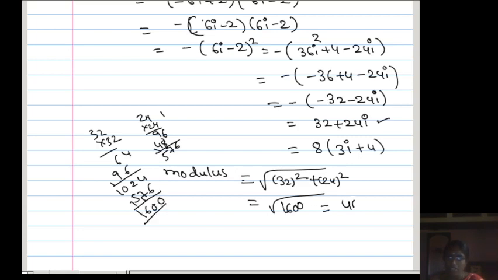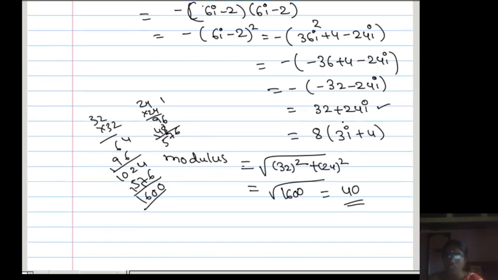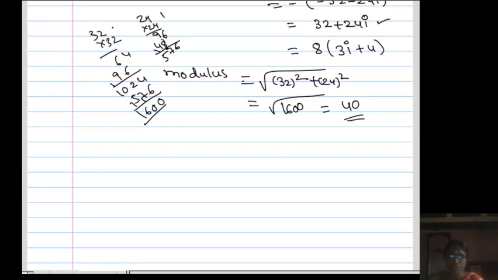Then 16 times 100 under the root, square root of 40 into 40 means you are getting 40. So what is our modulus? 40. And what is the simplification form? 32 plus 24i. Just simplification.